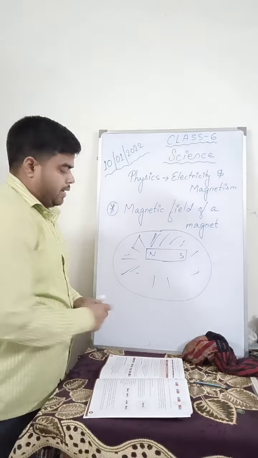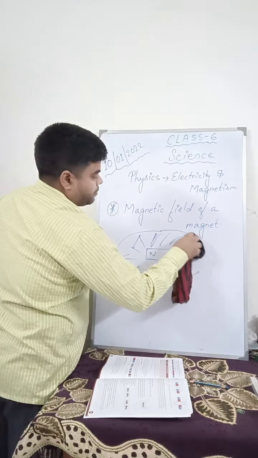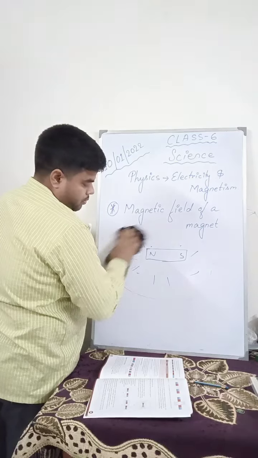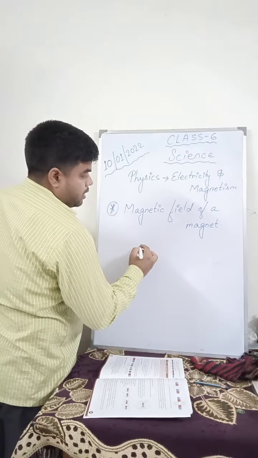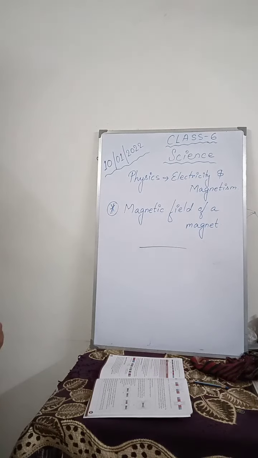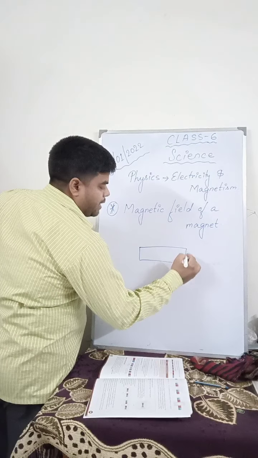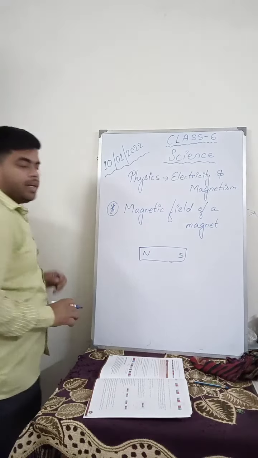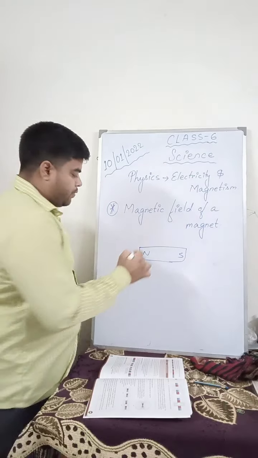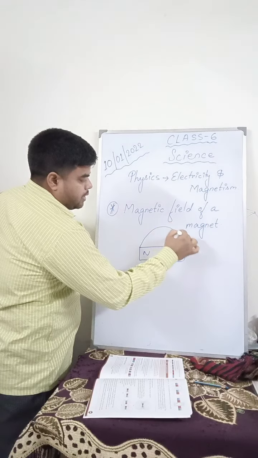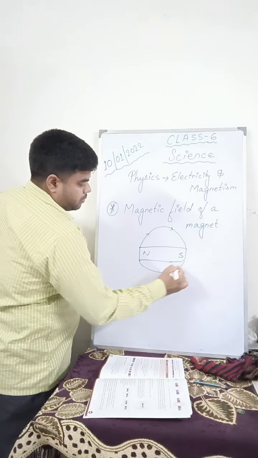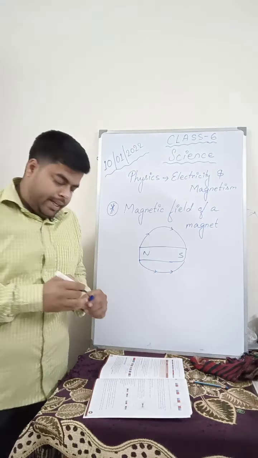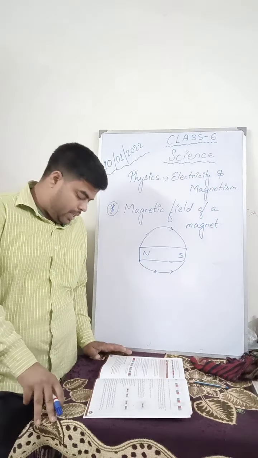So if you take this as a magnet, magnetic field lines are the imaginary lines that originate from the North Pole and end in the South Pole.